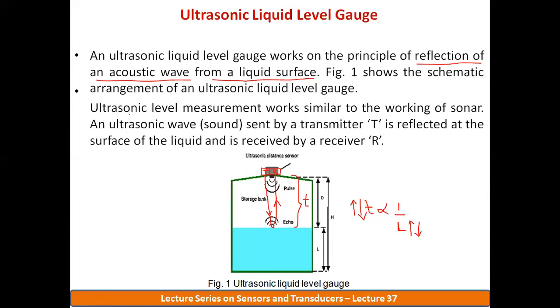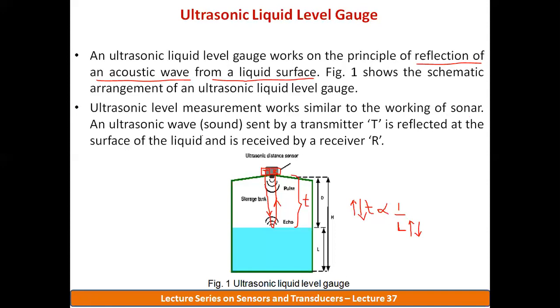Okay, so considering this point, ultrasonic level measurement works similar to the working of a sonar. We know the sonar technology is used generally in ships or in submarines to measure the depth of the sea, correct?